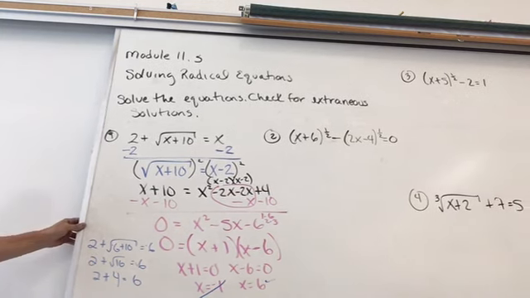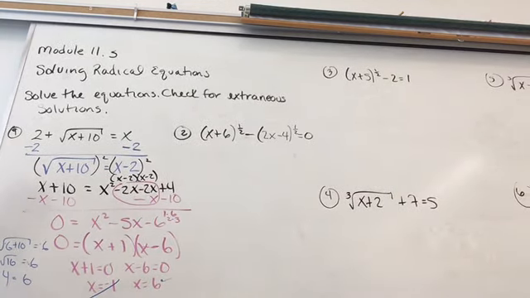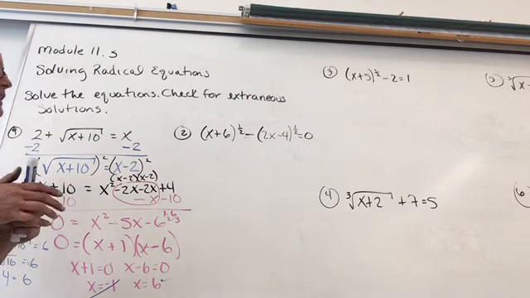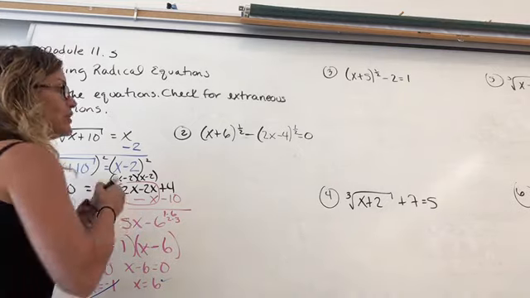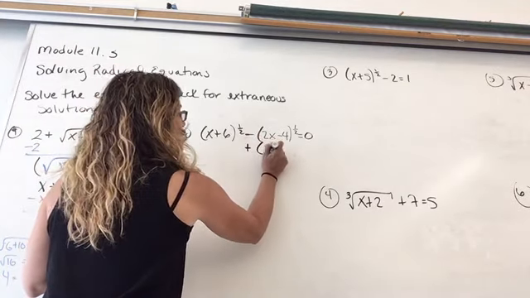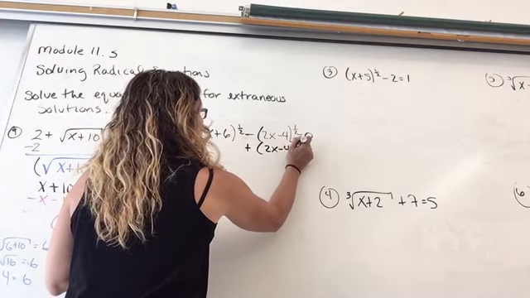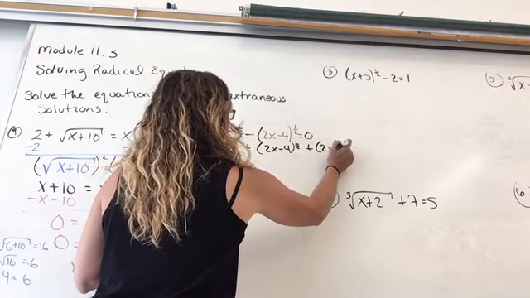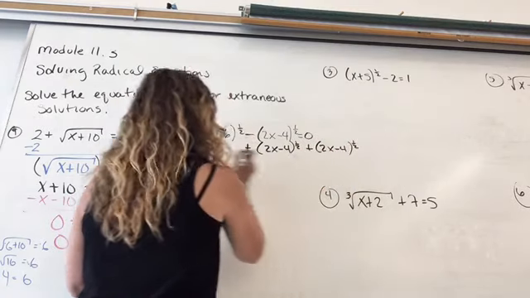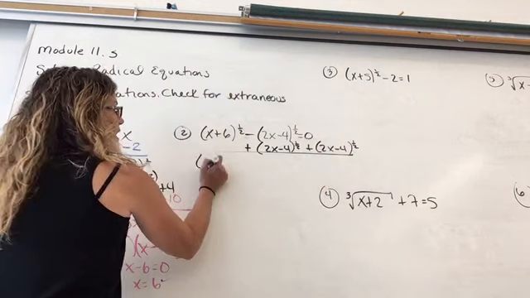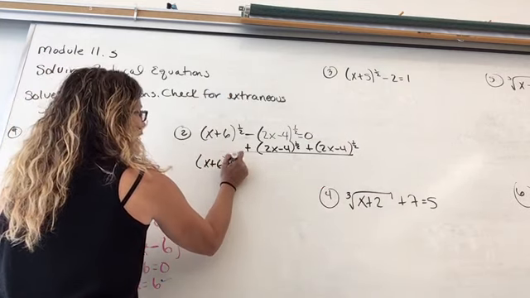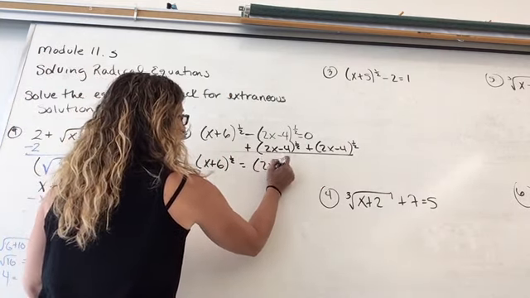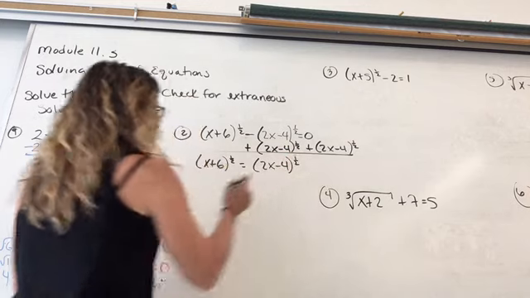All right, so we're going to look at our next example, number 2. It looks a little different because we've got rational expressions. We need to get them alone on each side, so we're going to add this one to the other side. We have x plus 6 to the 1/2 equals 2x minus 4 to the 1/2.